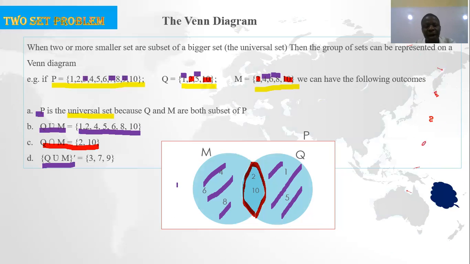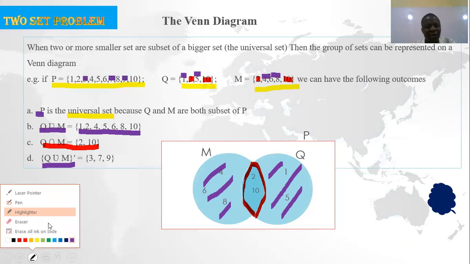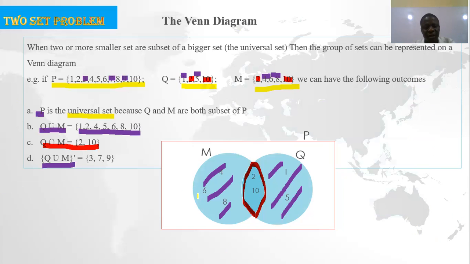So they will occupy the remaining space within the rectangle around the circles. They can occupy any part of this section here. They can be placed anywhere within the rectangle, but outside the circles. So look at that, we have the 3, 7, and the 9. That's what we call the complements.